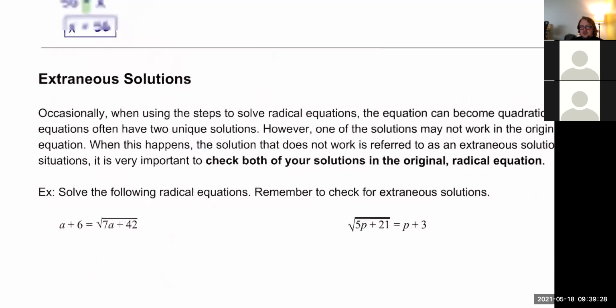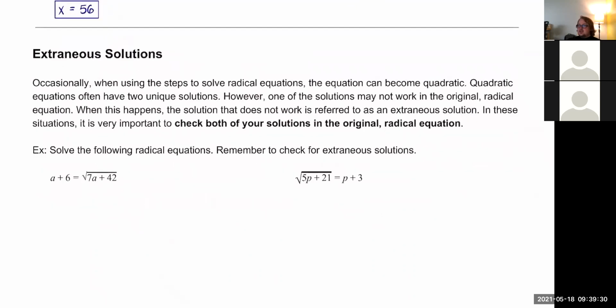So, extraneous solutions. It says occasionally when using steps to solve radical equations, the equations can become quadratic. That's okay. We know how to solve quadratic equations. But what we probably recall is that when we solve quadratic equations, we typically ended up with 2 unique solutions.